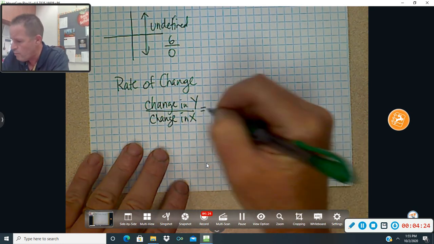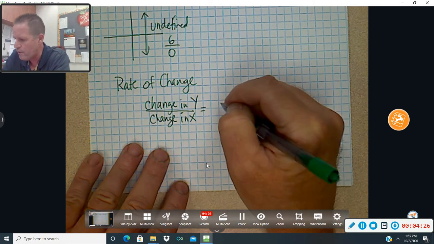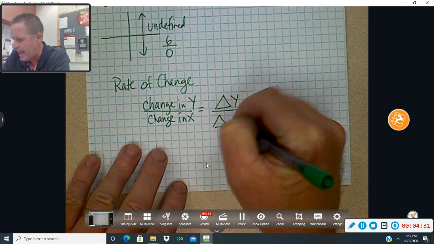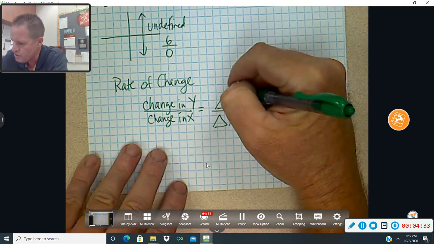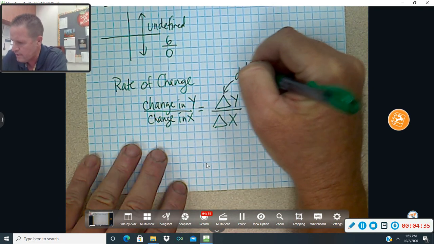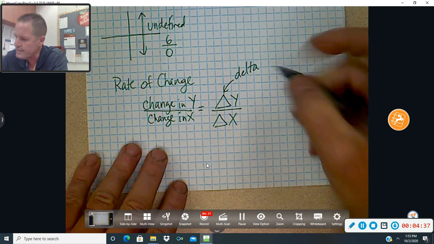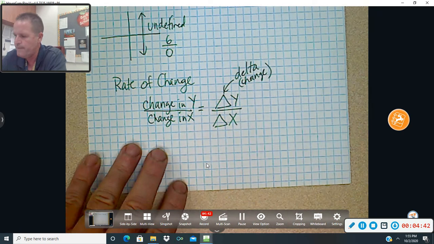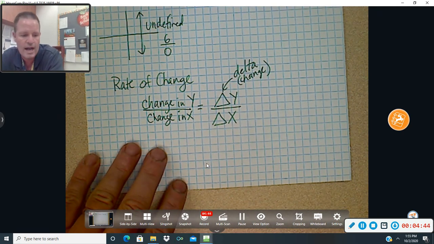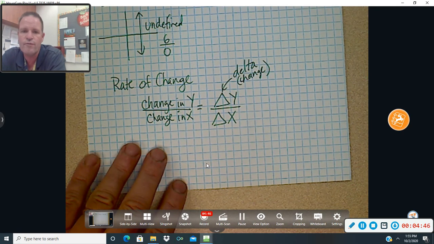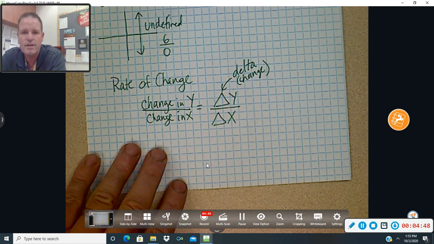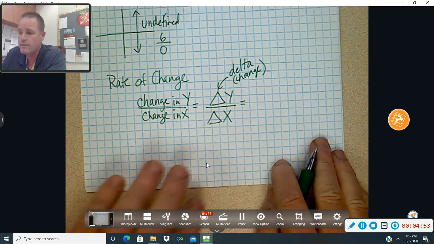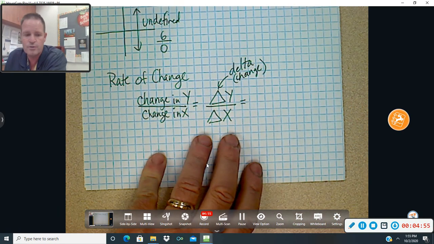Now the way you write that in shorthand form is you do delta y over delta x. This triangle is called delta, a Greek letter. And what delta stands for is change. So it's a change in y over a change in x. Well, how do you figure out something changes in math? You subtract. So there's going to be a subtraction here.